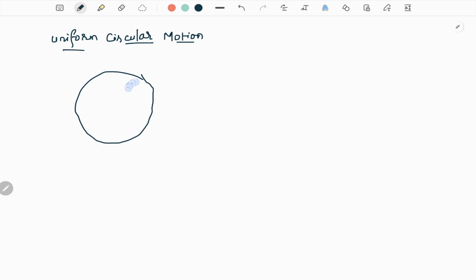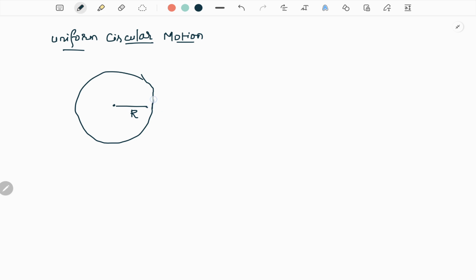Suppose we are dealing with uniform circular motion, with a constant speed, and let's say the radius of its path is given by r.